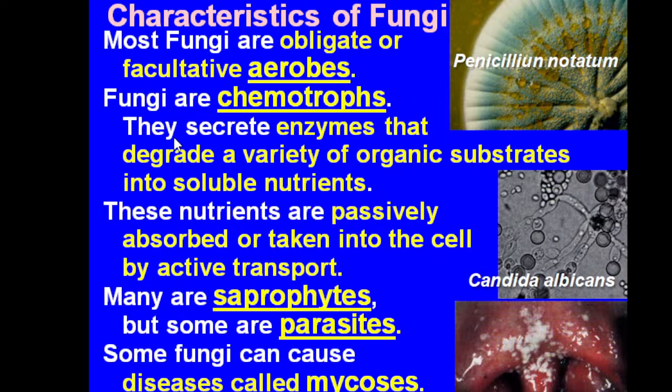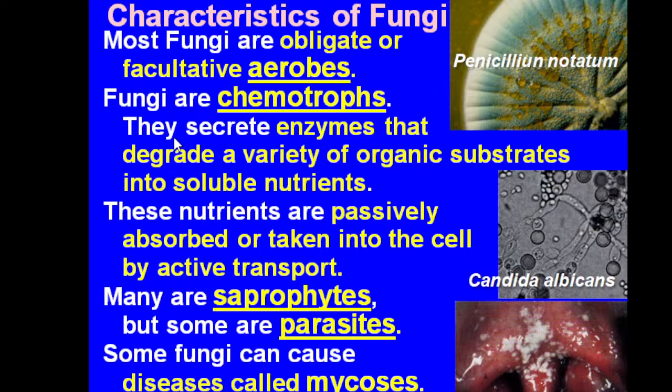Physiological characteristics of the fungi. According to the oxygen requirements, they are obligate aerobes or facultative anaerobes, right? It means that they may live mainly in the presence of the air, and only some of them may live in both conditions, aerobic and anaerobic. According to the way of nutrition, they are chemotrophs like bacteria.